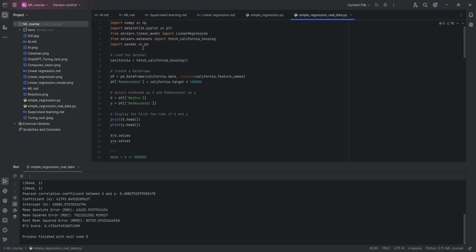And here I'm just going quickly through the code to see how this data is fetched and what the differences are with the previous code.